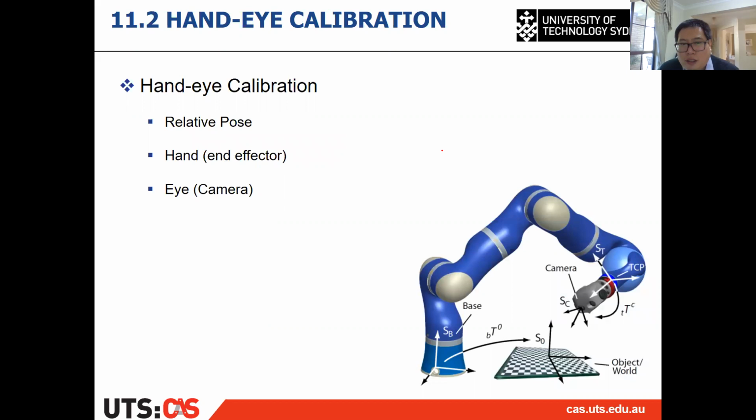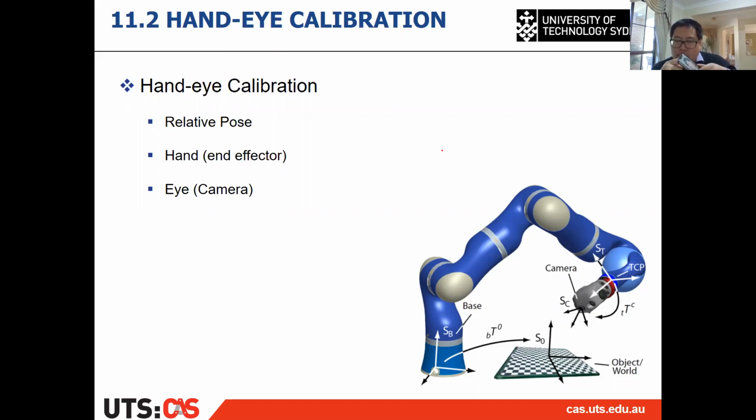And after we introduce visual servoing, we introduce the hand-eye calibration, because what we calculated is the velocity of the camera, mounted on the hand, right? But we want to control the end effector of the robot.